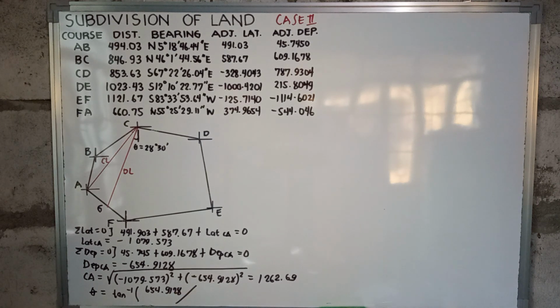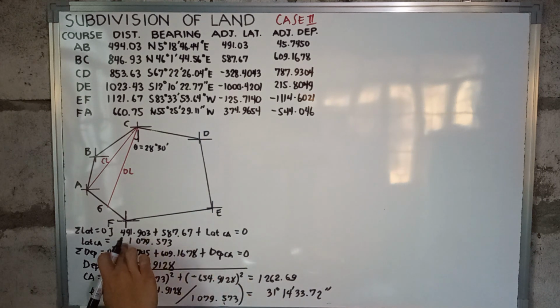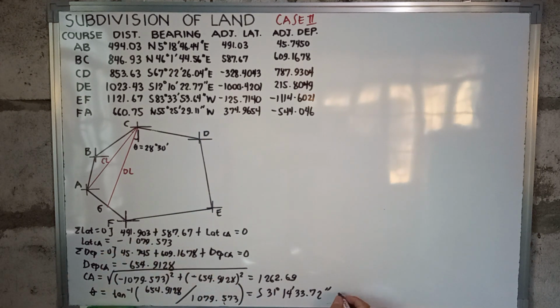I-divide natin siya by the latitude, which is equal to 1,079.573. So, our theta is now equal to 31 degrees 14 minutes 33.72 seconds. So, mapapansin nyo, the direction will be southwest.